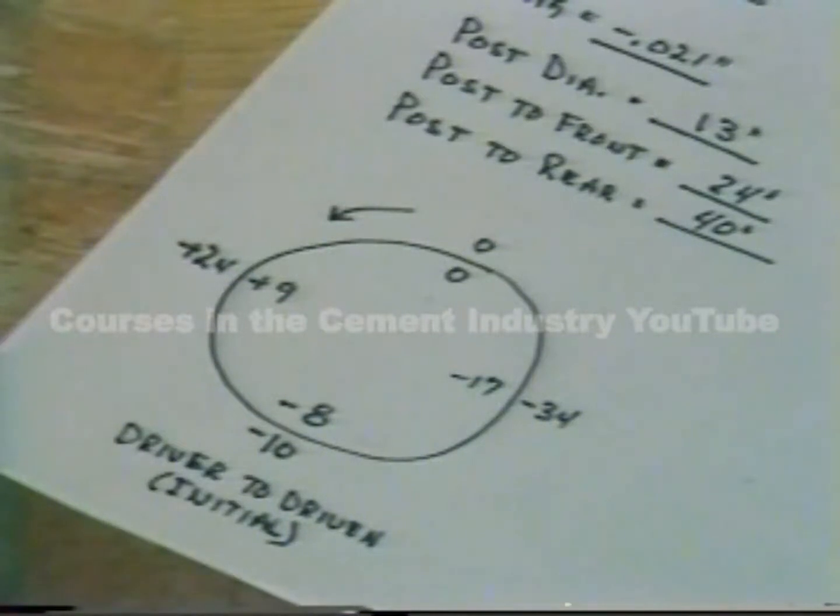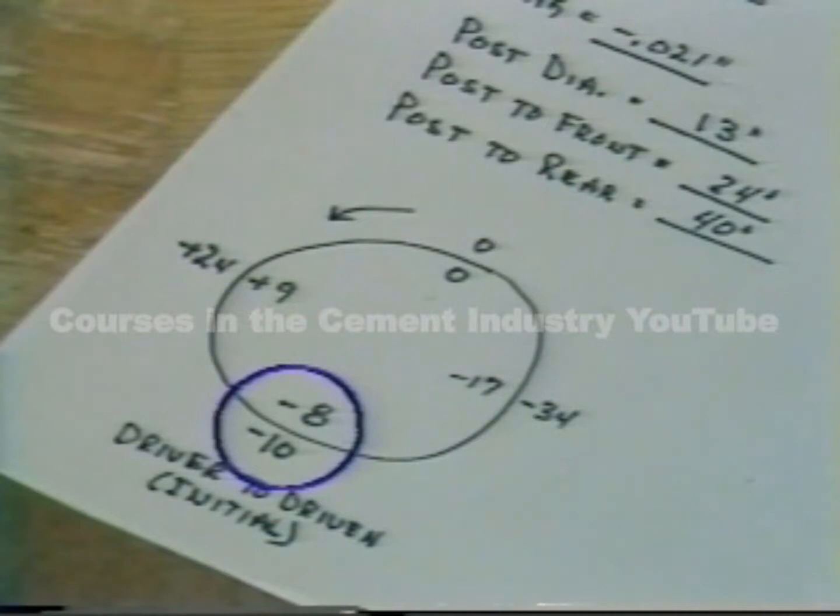Let's take a moment now to review the readings the technician has recorded. Starting at the top, both the parallel and angular dials are at 0. Following the arrow, the first set of readings show positive 24 thousandths of an inch parallel and positive 9 thousandths of an inch angular.